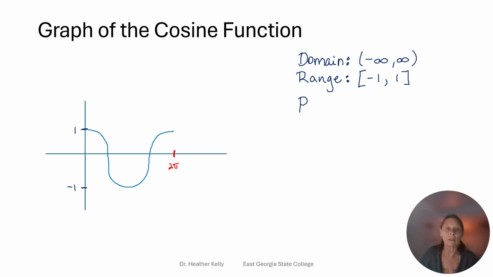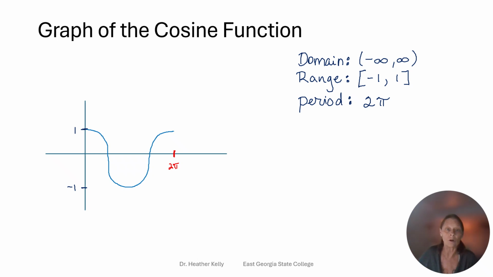The period, and I know I'm doing this out of turn, but this is the way I wanted to do it to begin with, is 2 pi, which means every value in that range is in a range of x values that is 2 pi in length.